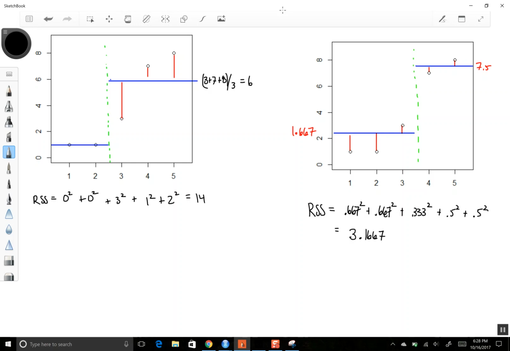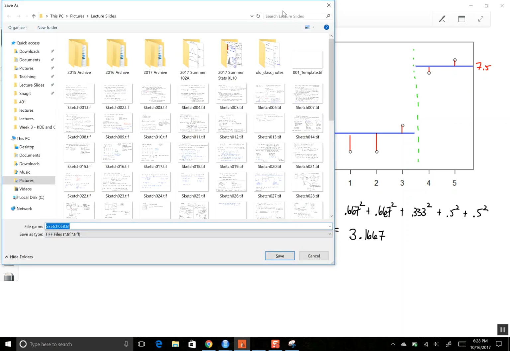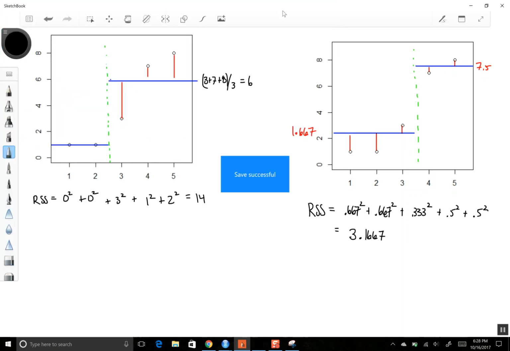Okay, and so we can imagine this process being carried out across all possible partitions. There's really only one more partition to consider in this example, and we would take the one that minimizes the RSS, and we say, well, this is the best split.